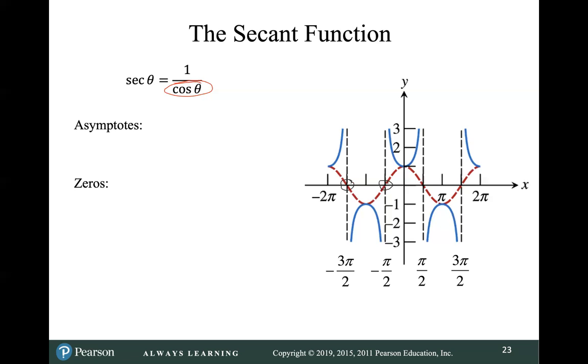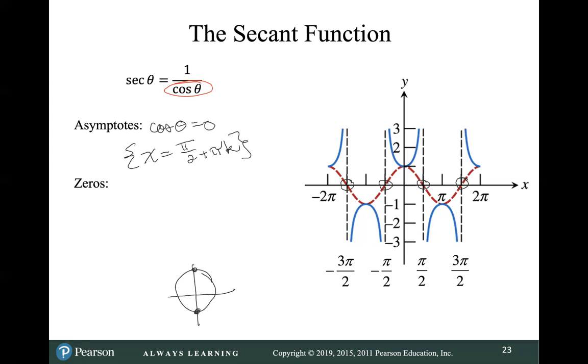We have a vertical asymptote. So when cosine is 0, our angle is multiples of pi over 2. Cosine is 0 at multiples of pi over 2 that don't reduce. So asymptotes are when cosine of theta is 0. And that's when x equals pi over 2 plus pi k.